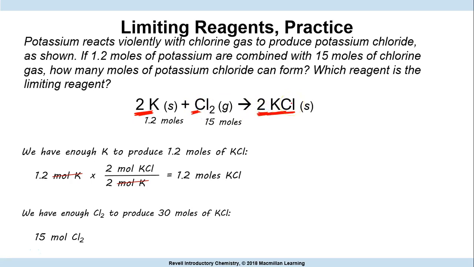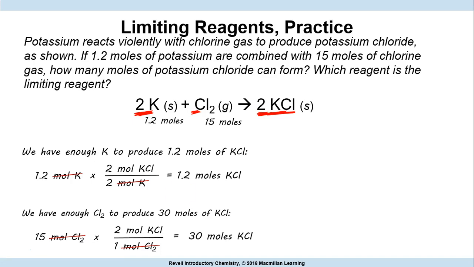So the conversion factor will have 1 mole of chlorine at the bottom, so that the moles of chlorine cancels out and we have moles of potassium chloride. So we see here that the 15 moles of chlorine are going to give us 30 moles of potassium chloride, and the 1.2 moles of potassium are going to give us 1.2 moles of potassium chloride.